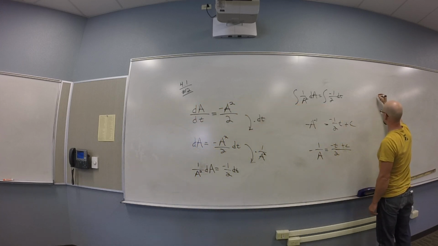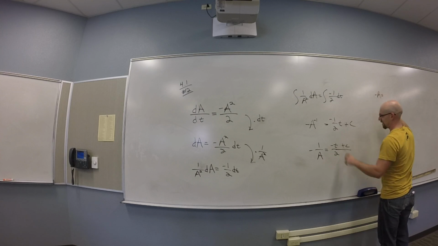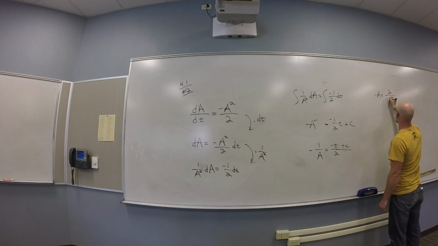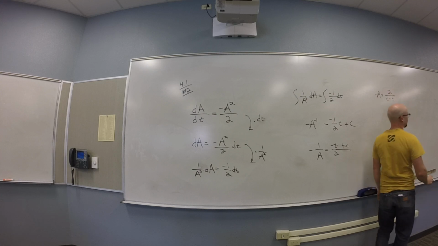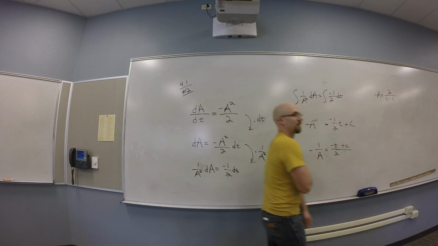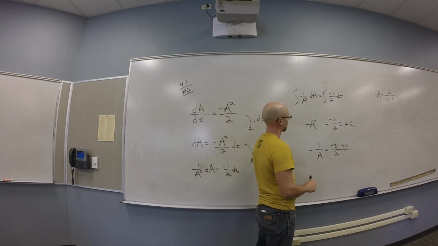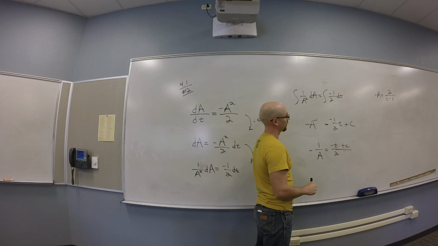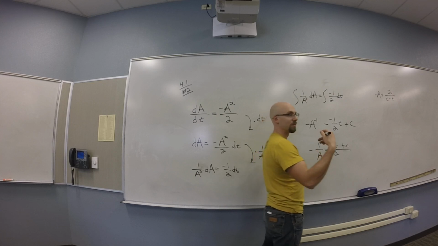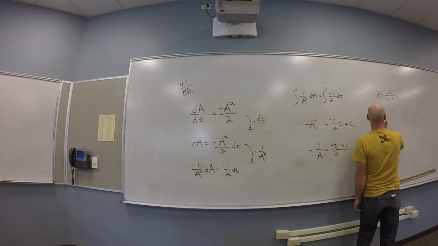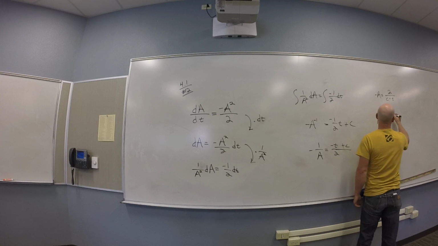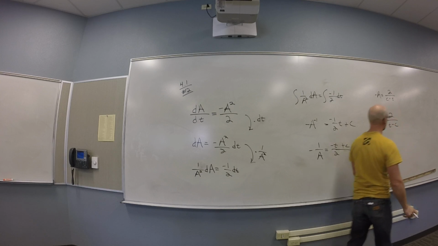So you get minus a is 2 over c minus t. So get a is 2 over c minus t.